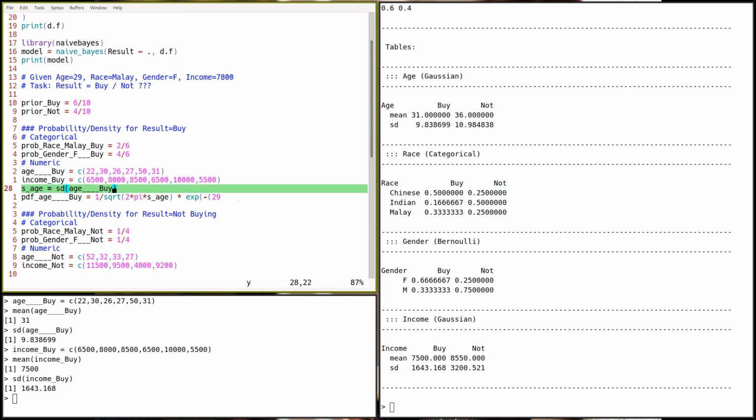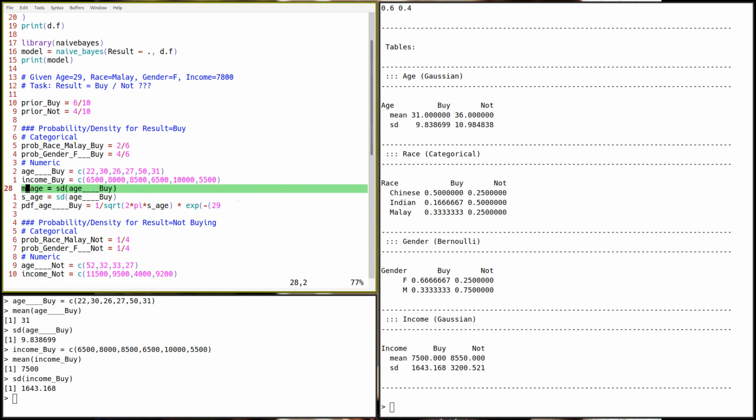Multiply with the mean of age, minus the mean of the age, and then square it, over 2 and over the age squared.